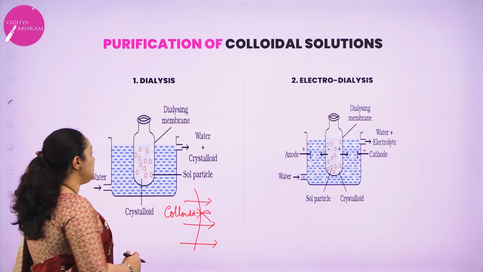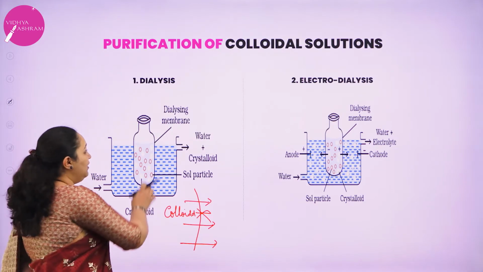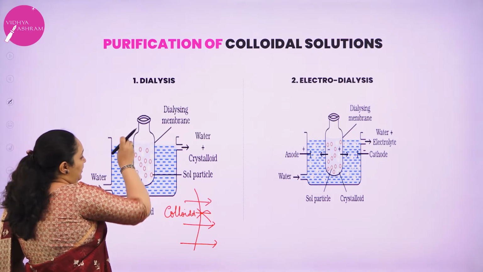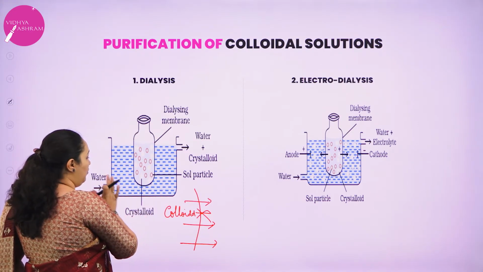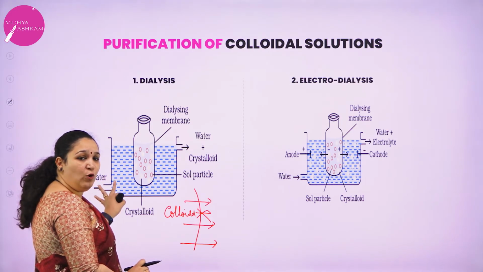So what we do is, we take the impure colloidal solution in a dialyzing membrane and put it into a container which contains water, or there is a flow of water.